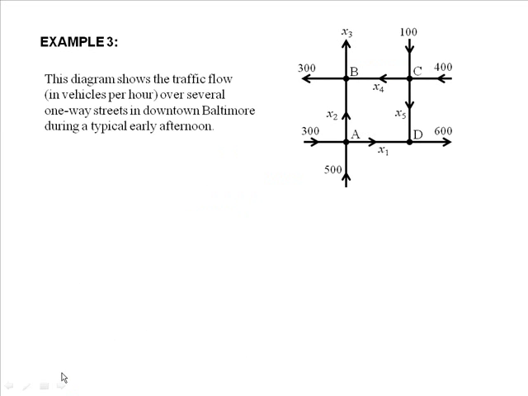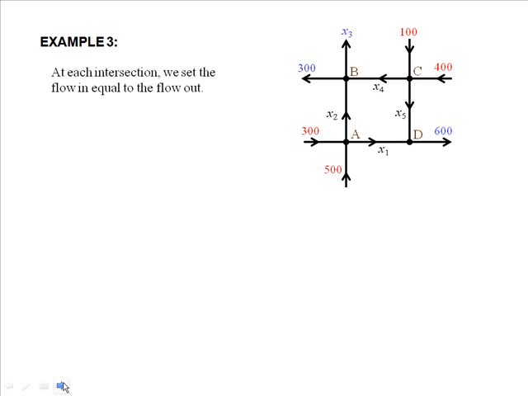So in this example, we have a diagram showing the traffic flow in vehicles per hour over several one-way streets in downtown Baltimore during a typical early afternoon. At each intersection, we set the flow in equal to the flow out.